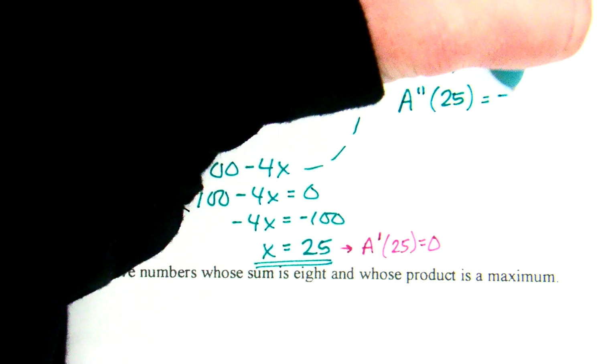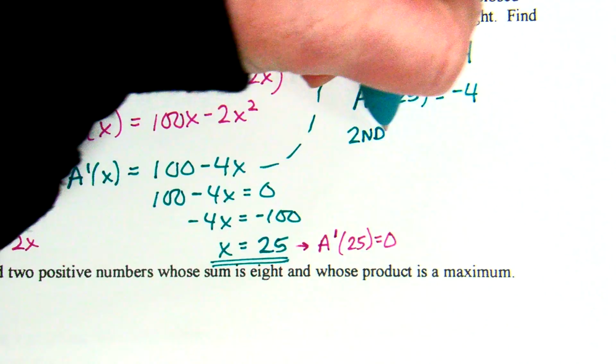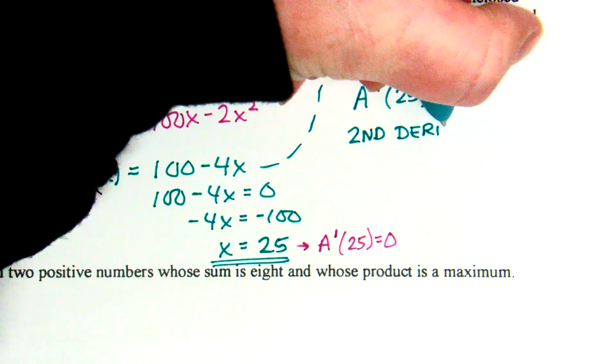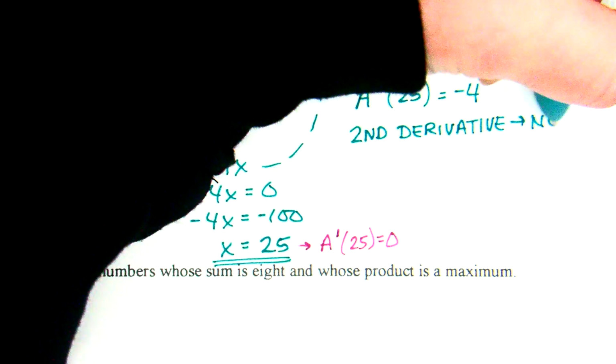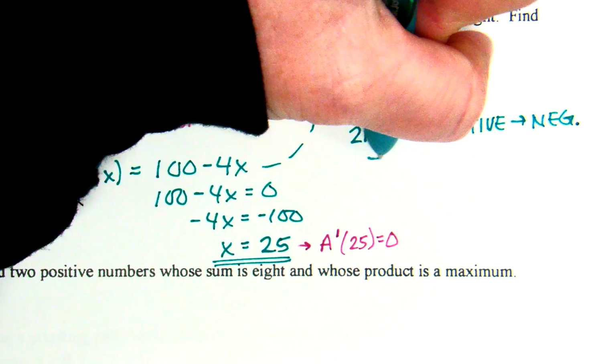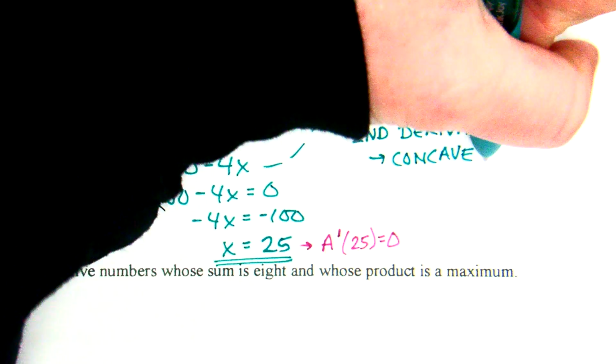Since that second derivative is negative, Daryl just said it, a second derivative that is negative tells me that it is concave down at that point. So, second derivative negative is going to mean concave down.